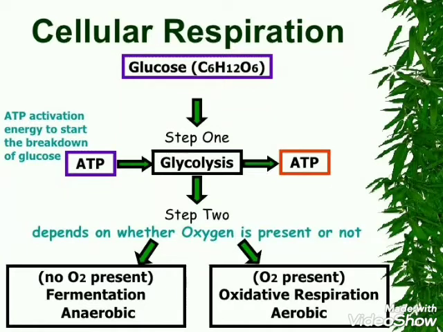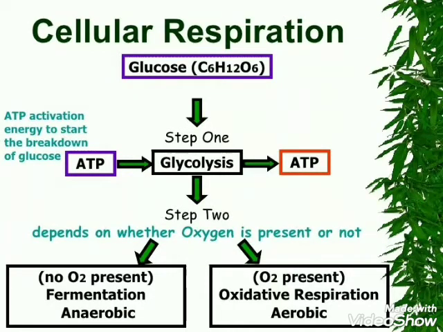Glucose is the most favored respiratory substrate in the process of cellular respiration. In the first step, the process of glycolysis takes place. Glycolysis is basically the breakdown of glucose into pyruvic acid. The second step of cellular respiration depends upon whether oxygen is present or not. If oxygen is absent, then anaerobic respiration takes place, under which fermentation occurs.